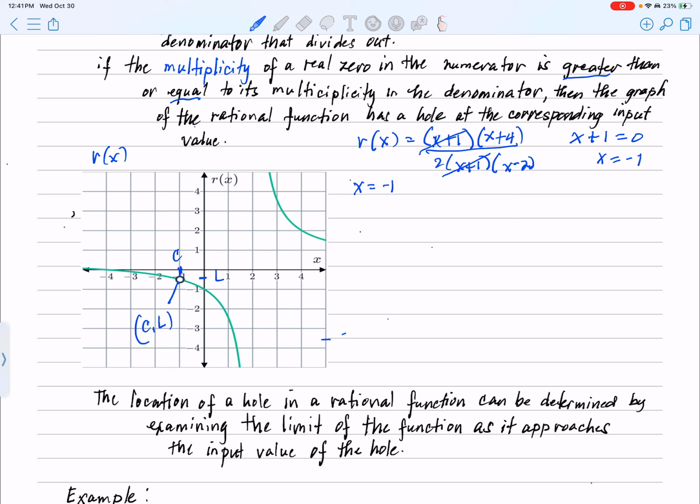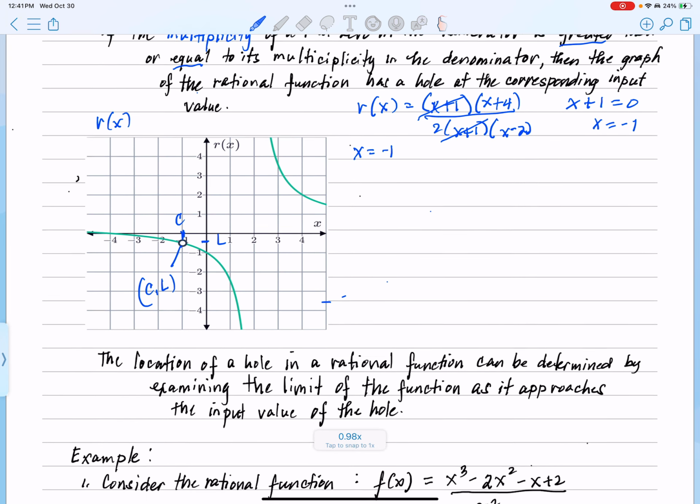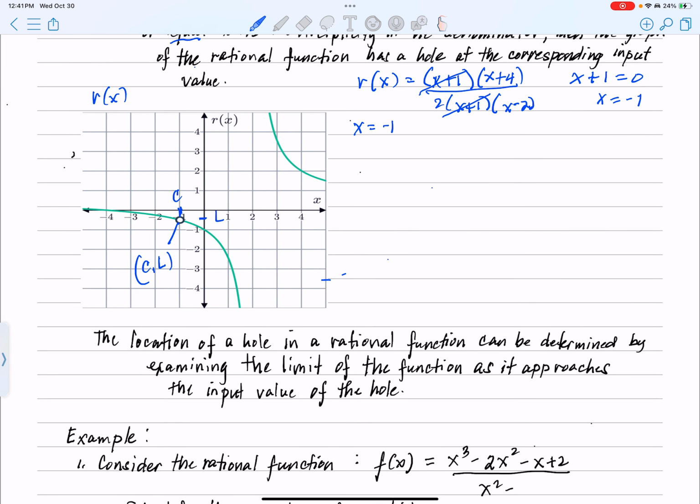By examining the limits as x approaches negative 1, we are trying to get the value of L in order to find the location of the hole, for example, if the graph is not given.